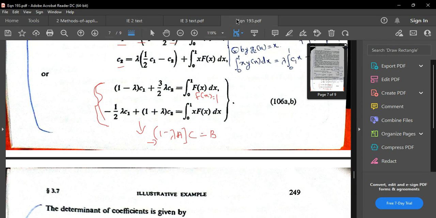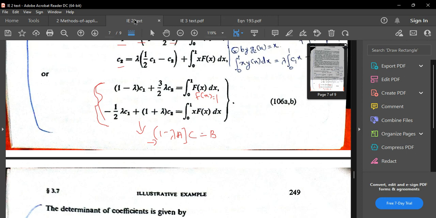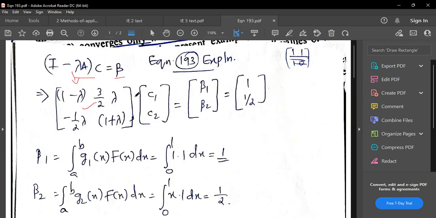So what will we get? 1 minus lambda a, c is equal to b. So 1 minus lambda a is given here, the coefficient matrix. When we collect the coefficients, we will get c equal to c1 c2, and the right hand side is b, beta 1 beta 2.